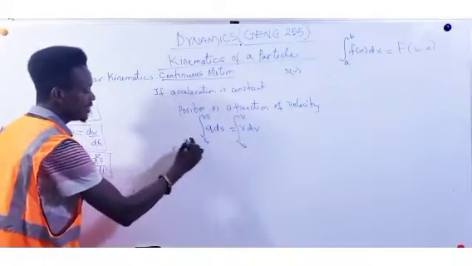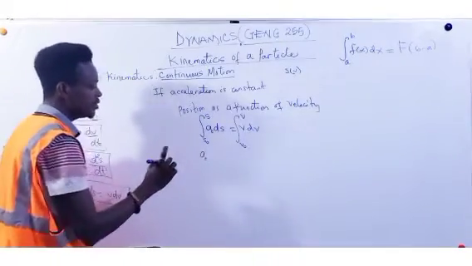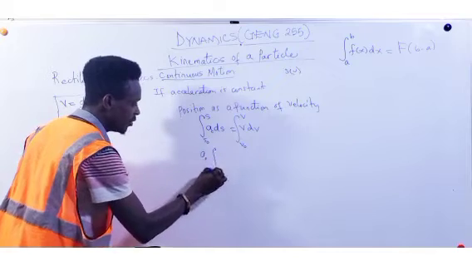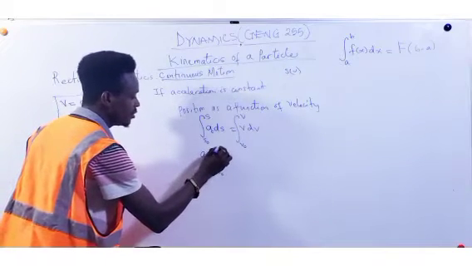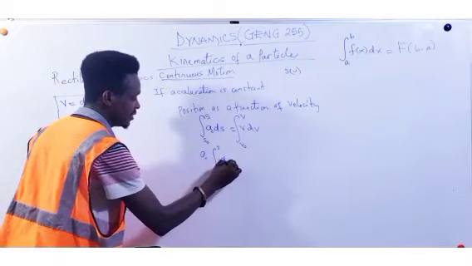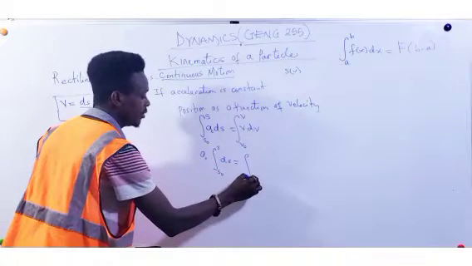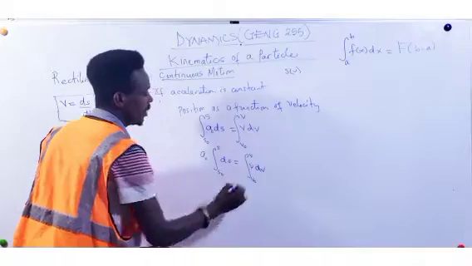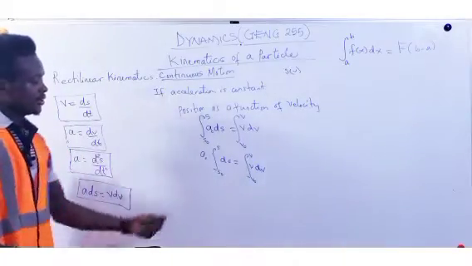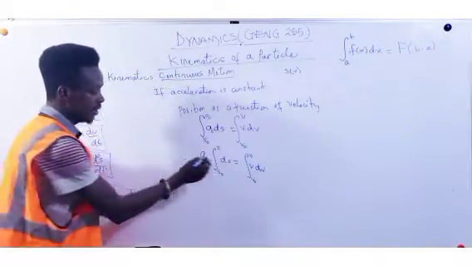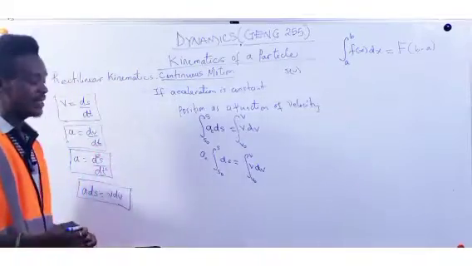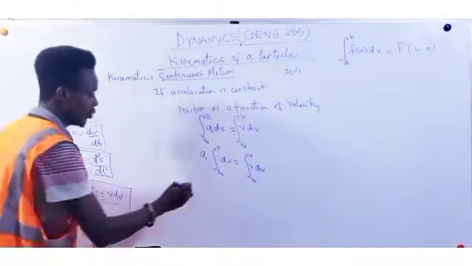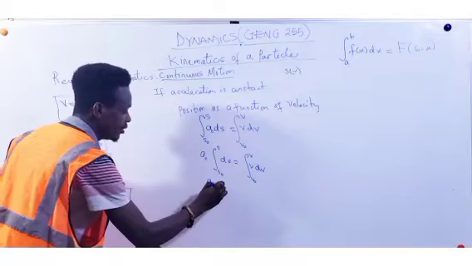If we factor out a_c, the constant acceleration, it will be the integral from s naught to s of ds, equal to the integral from v naught to v of v dv. So we integrate this, the integral sign cancels our d, so we are left with s.